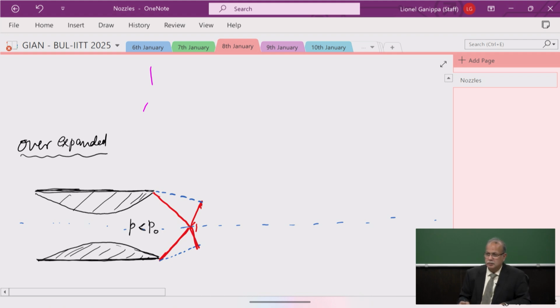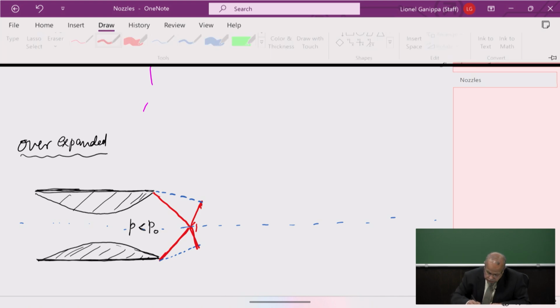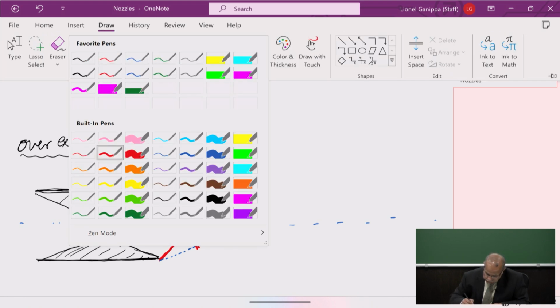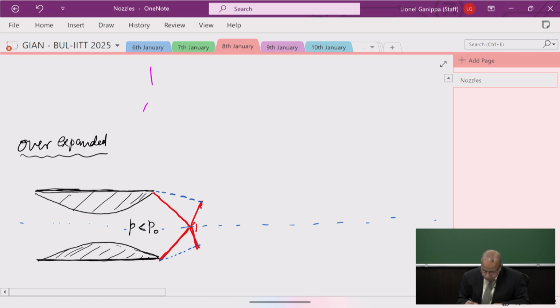This is what is happening here. The oblique shock will come because the flow has overexpanded. Then the oblique shocks will intersect. They'll pass through, but they will bend.